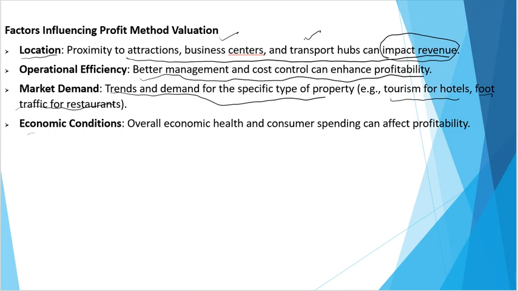Then economic conditions: the overall economic health and consumer spending of that particular area can affect the profitability of a business. So that will affect the valuation of the property. This is how certain factors affect the profit method valuation. Now we will take some examples that will make things clearer on how the calculation is done.